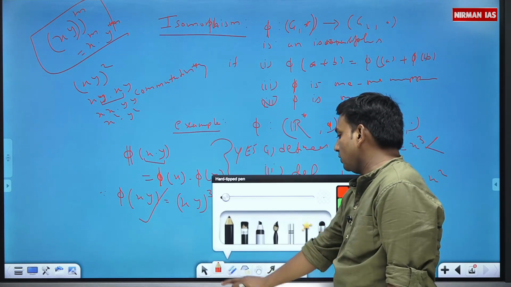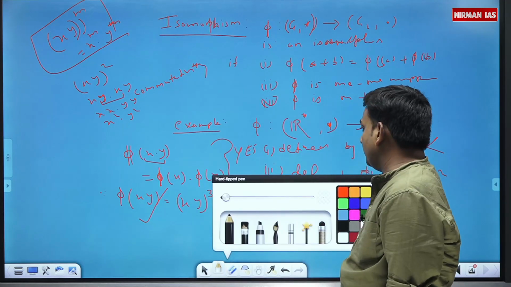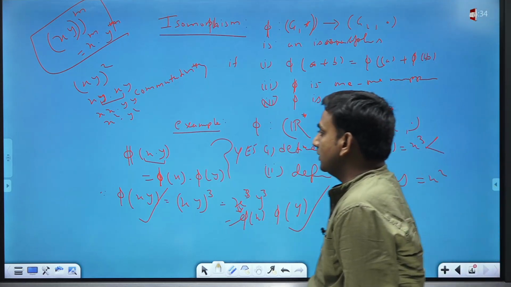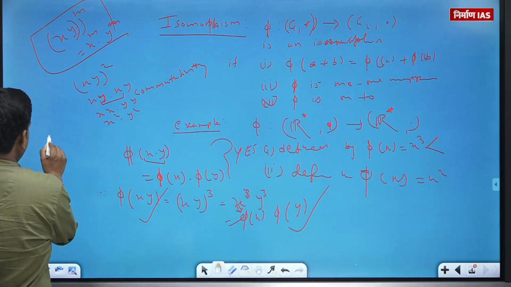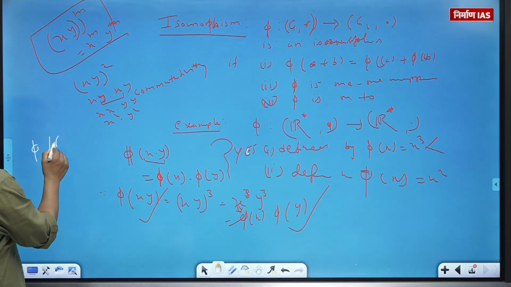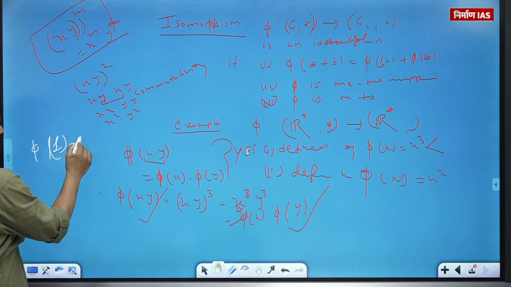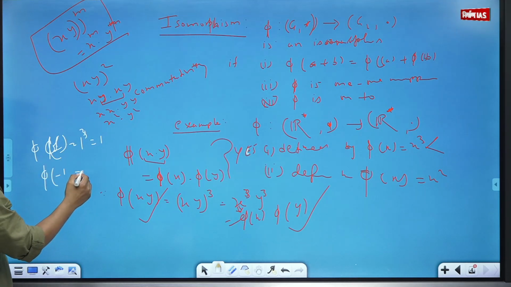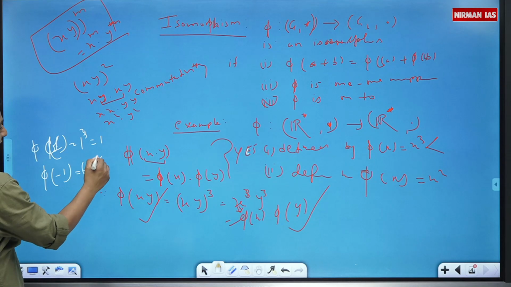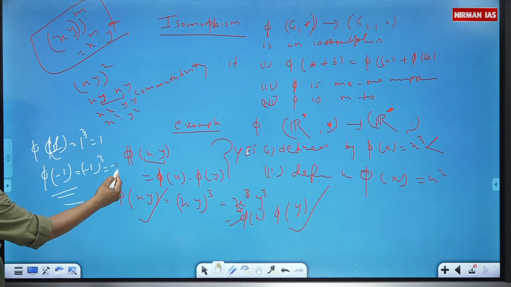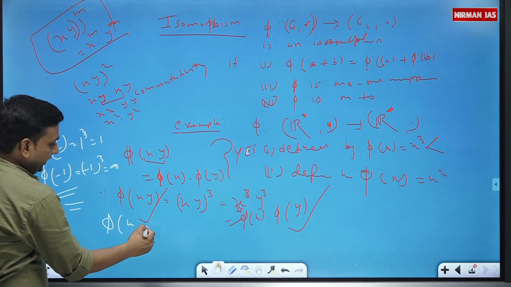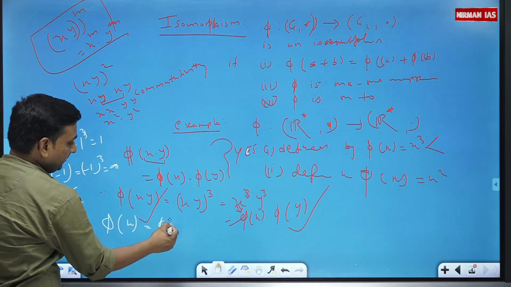Now I want to know whether phi is 1-1 or not. What is phi? x cube. So if you take phi of 1, that is 1 cube, that is 1 only. If you take phi of minus 1, that is minus 1 cube, that is minus 1, and so on. Also for 1-1, what is the process to show 1-1?